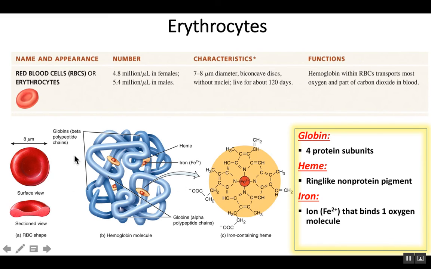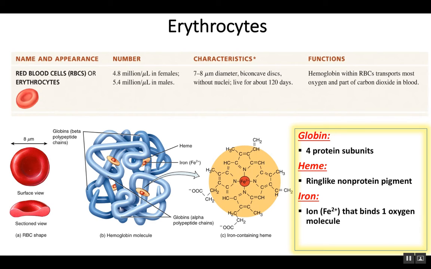Shown here in this drawing, you can see a blue kind of ribbon-like portion of the hemoglobin molecule. The blue portion of the hemoglobin molecule is known as globin. Globin is the protein portion of hemoglobin. And in fact, there are 4 globin subunits.